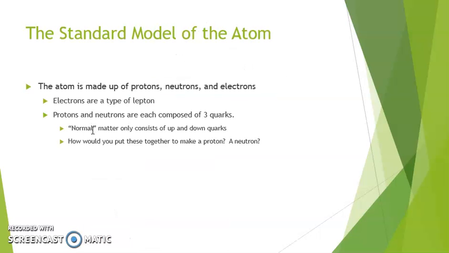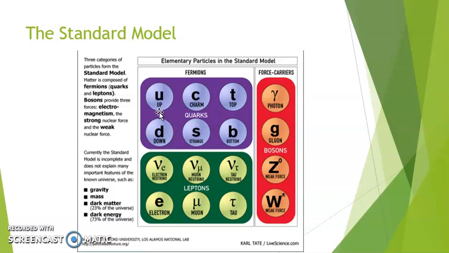Normal matter only consists of up and down quarks. So if we look here, there's up, down, charm, strange, top, and bottom. Protons, neutrons, all normal matter is made up of these up and down quarks, and the electron, a lepton.